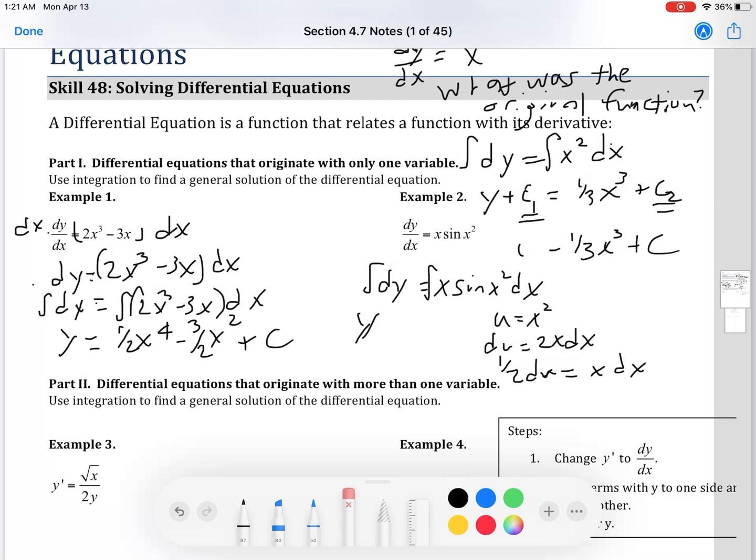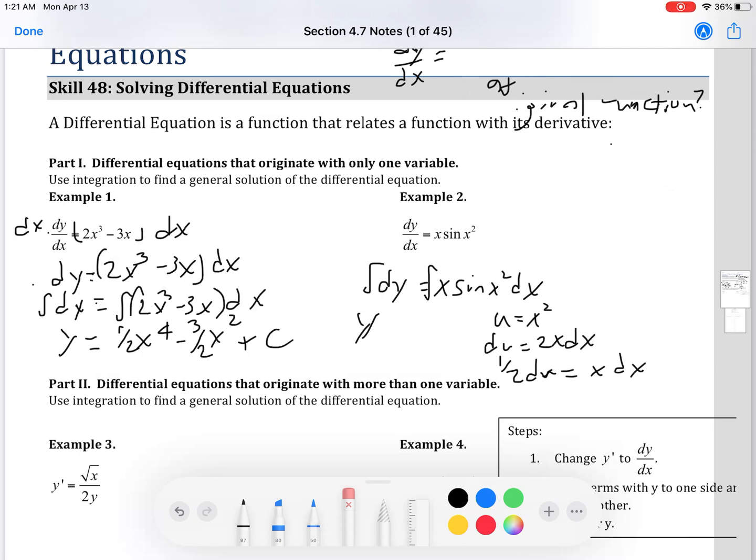So I'm just going to erase what's on top here to continue our work, now that we've seen the basic example. So I'm going to write my integral as a u integral. Actually, before I do that, I'll put the x dx together. So sine of x squared.